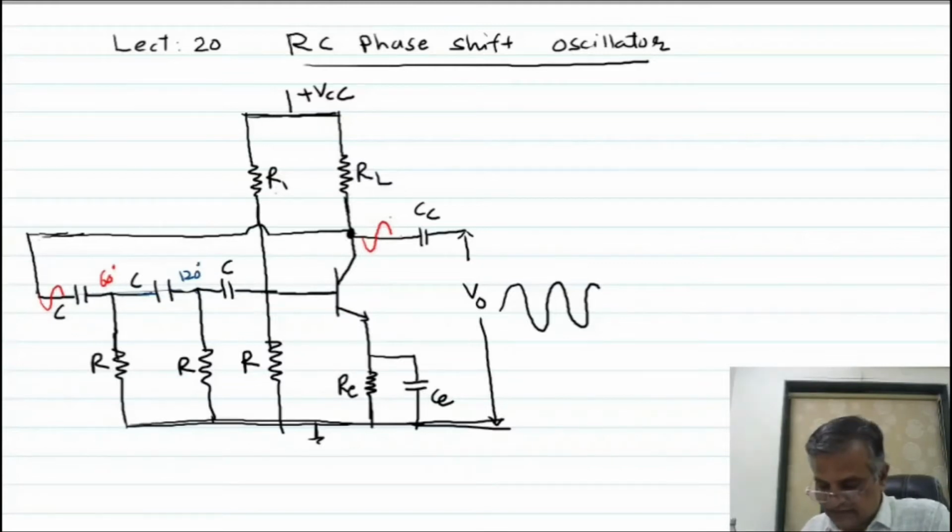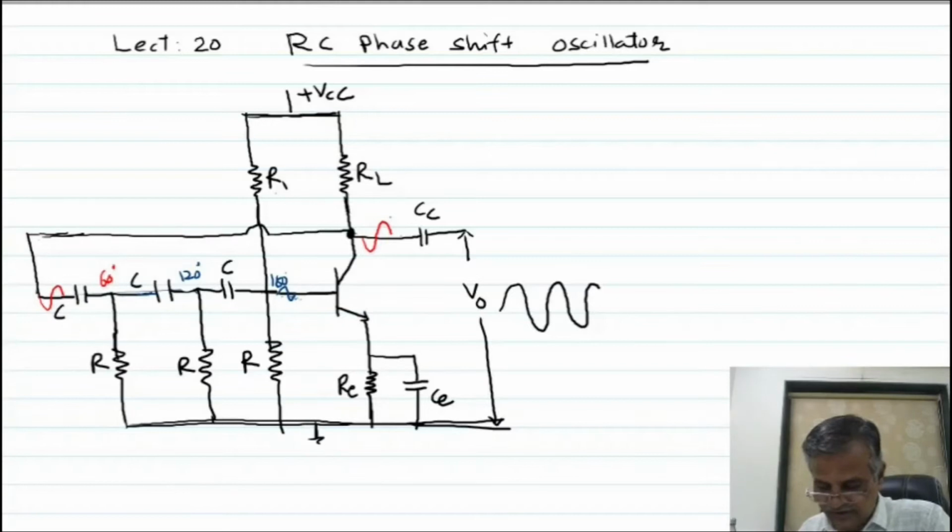Again this RC network produces 60 degrees, so 120 plus 60, 180 degrees. So the total phase shift between this feedback voltage and input voltage is 360 degrees. Hence the condition for sustained oscillation is satisfied.